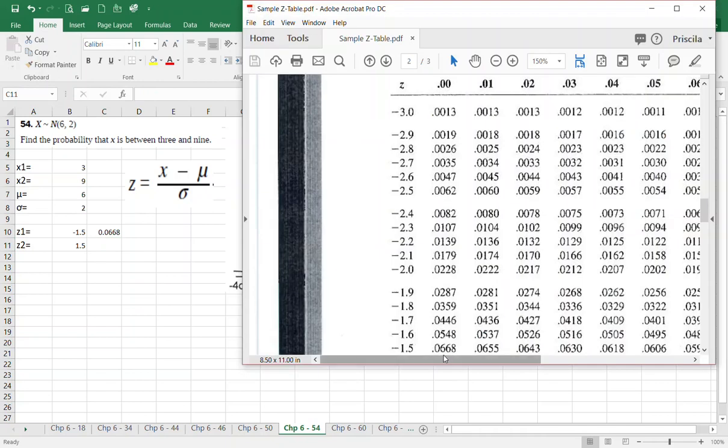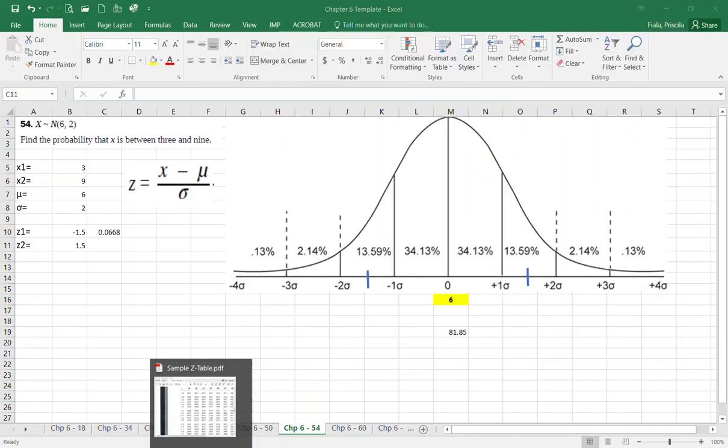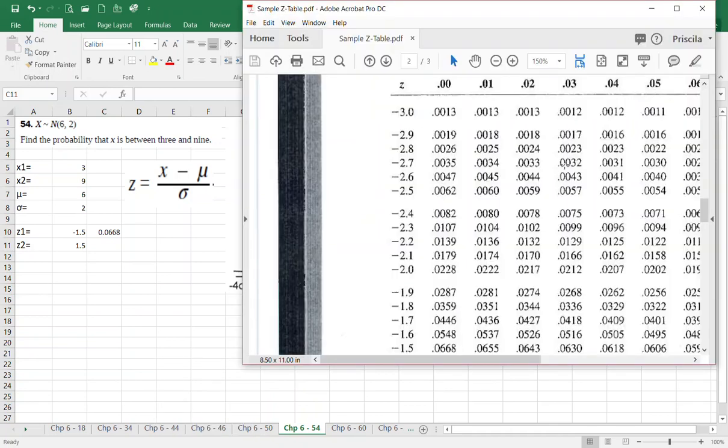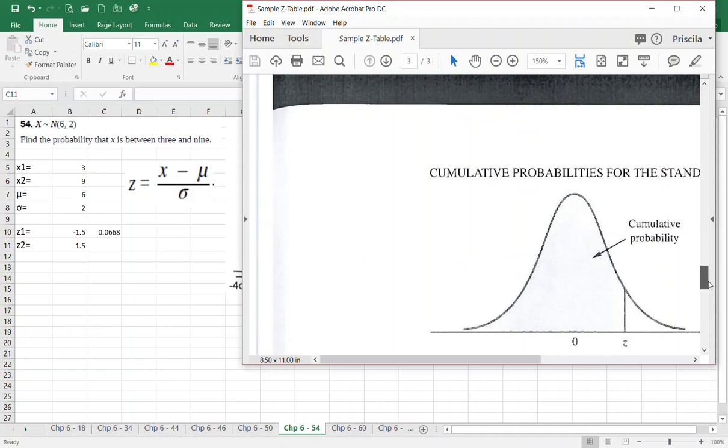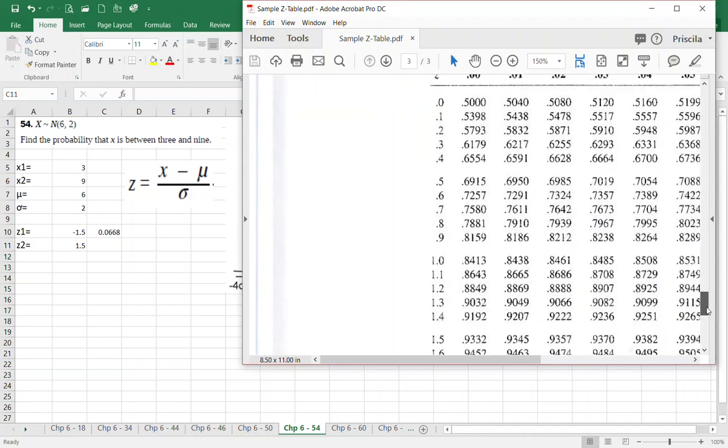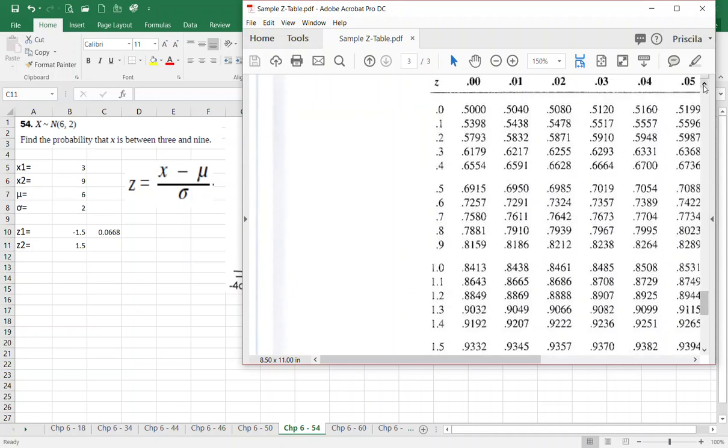0.0668. Be very careful. This is not 66%. This is 6%. We're going to go to the positive side of the table, which is underneath it, right here. And remember, you have a whole value.